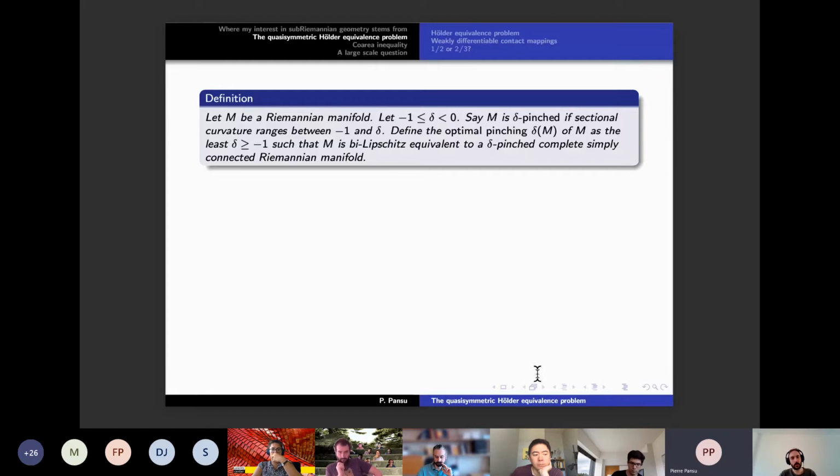And I'm wondering whether it's possible, by slightly deforming the metric, to improve the pinching. I define the optimal pinching as the least delta such that M is bi-Lipschitz equivalent to a delta-pinched, simply connected and complete Riemannian manifold. I try to make the curvature as constant as possible, simply by changing the metric to an equivalent metric in the bi-Lipschitz sense. That's quite natural.